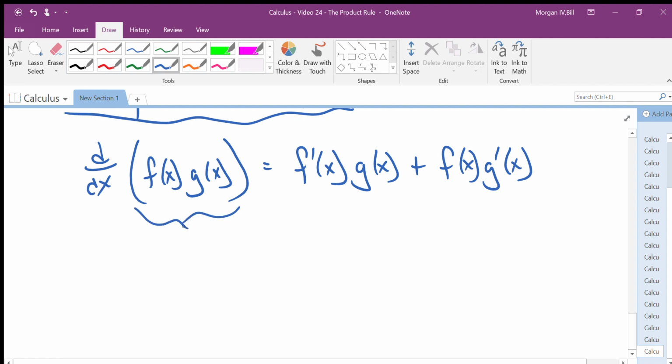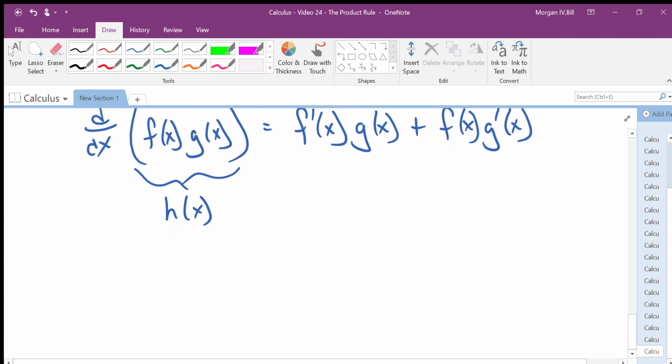Let's call this h of x, h of x being f of x times g of x. I now wish I hadn't put h there. Let's do a quick little substitution there. Call that capital H of x. I don't want to have two lowercase h's floating around. All right, so we'll call the function capital H of x is f of x times g of x.